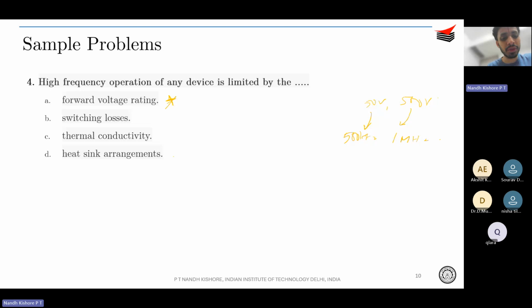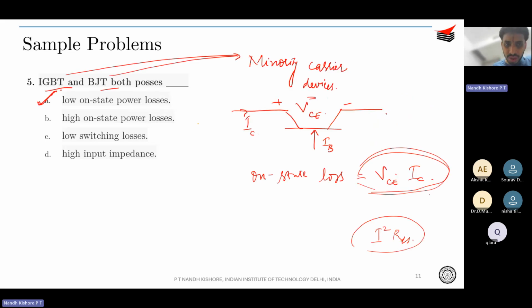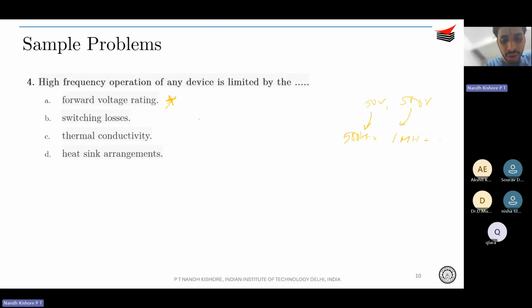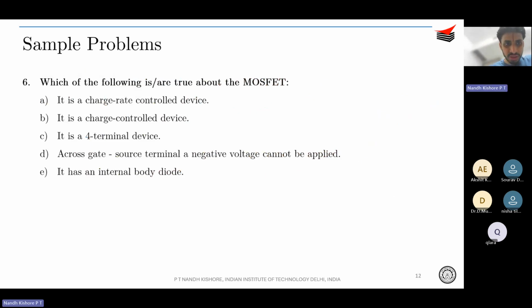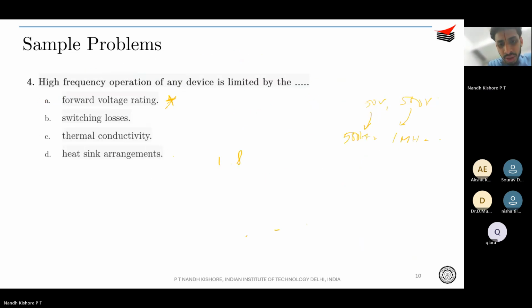And how to compute them is in the lecture slides as well. So how you compute the switching losses is basically you compute the switching energy, right? So first you compute the switching energy during turn on and turn off.